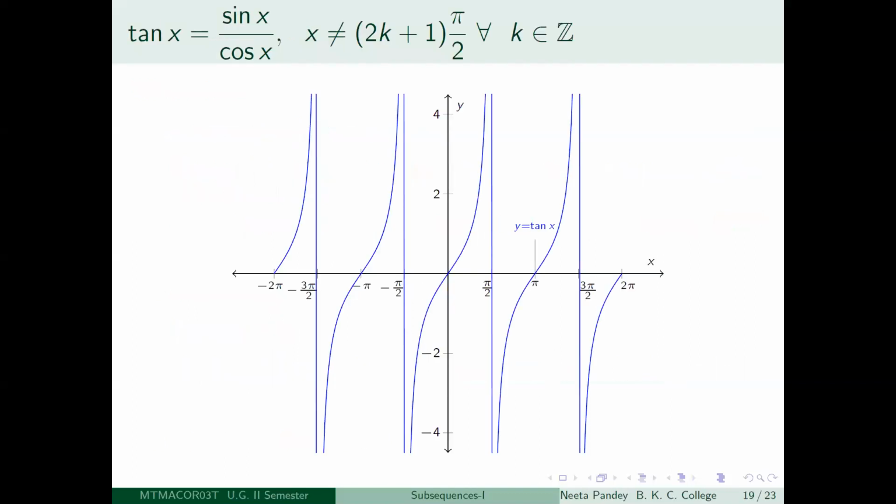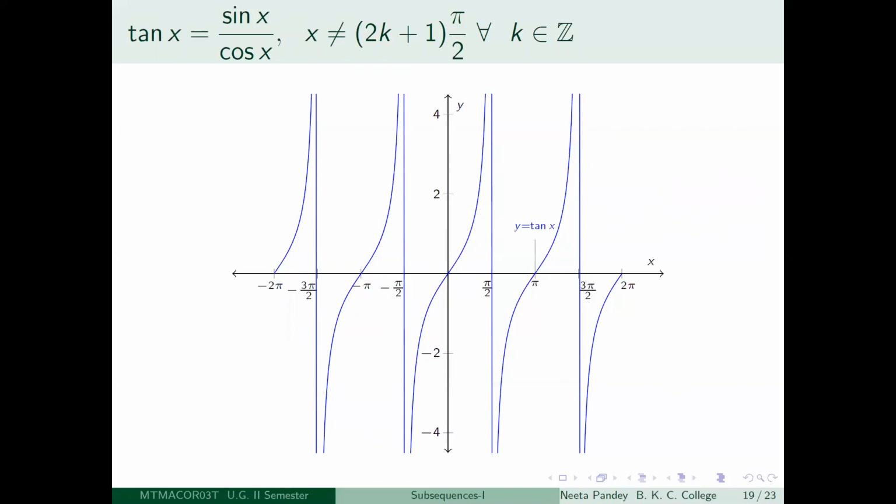Okay, so as I said, once you have sin x and cos x, then you can define several other trigonometric functions by taking suitable quotients constructed out of them. So just look at sin x by cos x, for example. Then we call this tan x. This function will be defined where cos x is not 0.